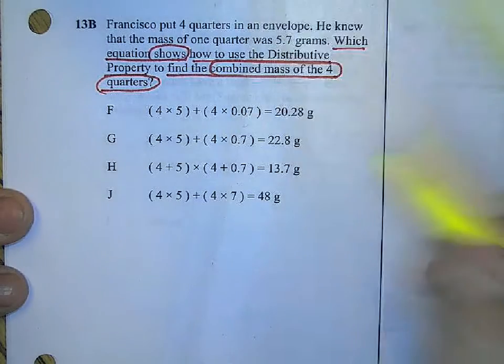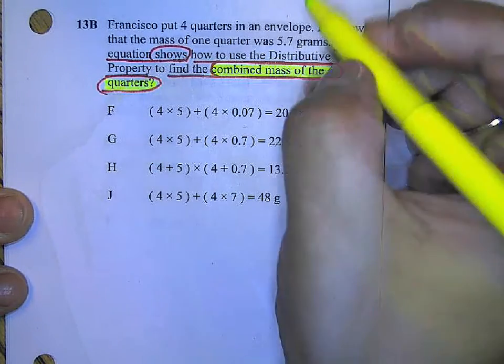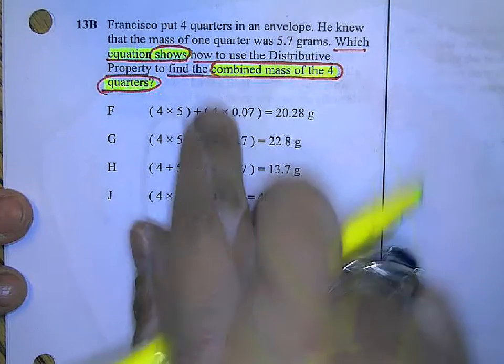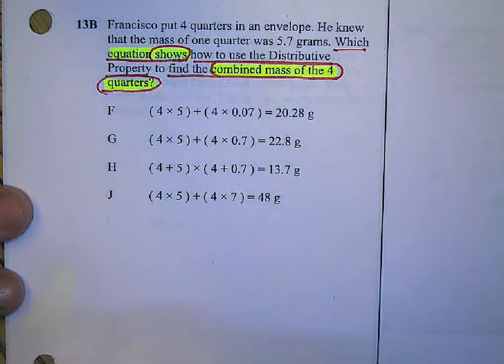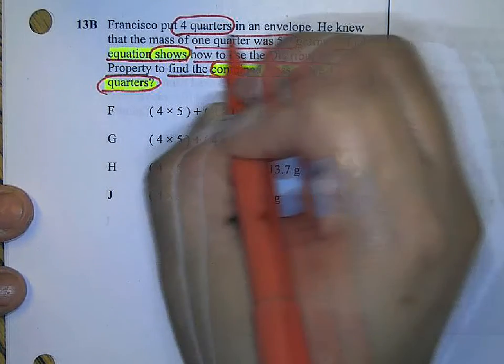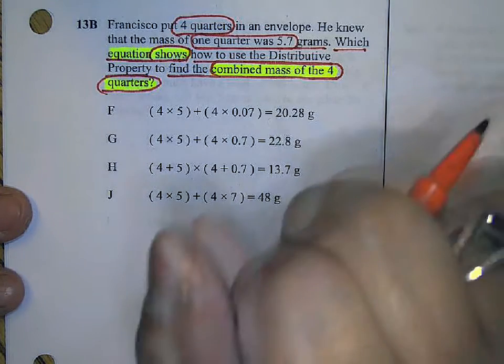So basically what we're looking for is the combined mass of the 4 quarters, and we're looking for an equation that shows that. Okay, so first off, we know that we have 4 quarters. One of the quarters, that's another way of saying each quarter, right? One of the quarters weighed 5.7 grams.